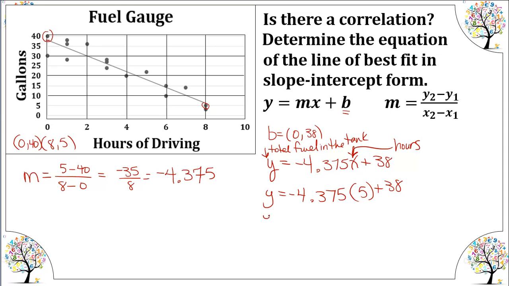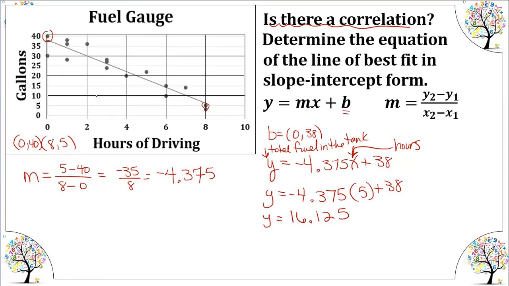So we're going to use our calculator and we're going to multiply. So we have -4.375 times 5. And then don't forget your initial amount of fuel that you have. So y is going to equal 16.125.